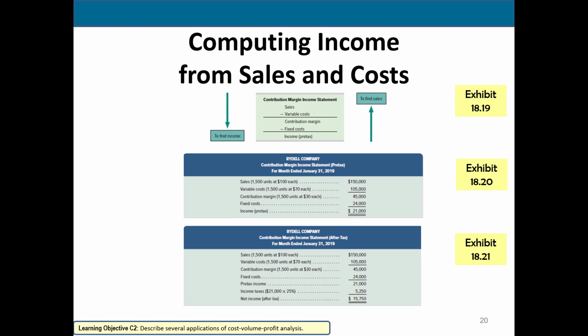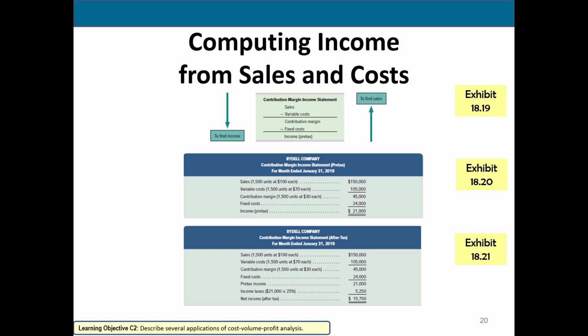Managers often use the contribution margin statements to forecast future sales or income. So we're looking at the relationship between sales, variable cost, contribution margin, and fixed cost. So they might ask a question, what is the predicted income from a predicted level of sales?